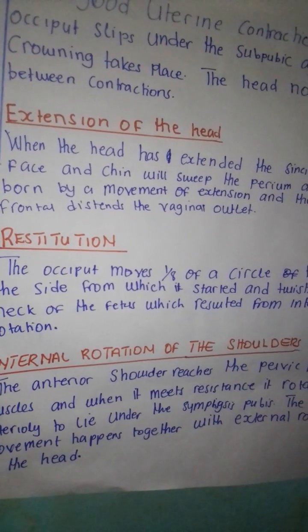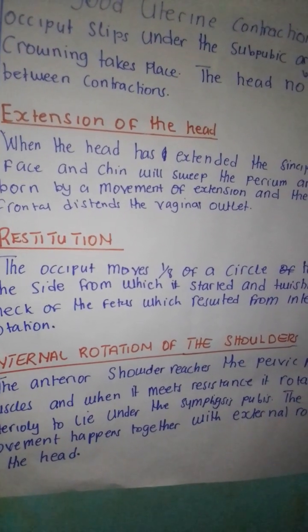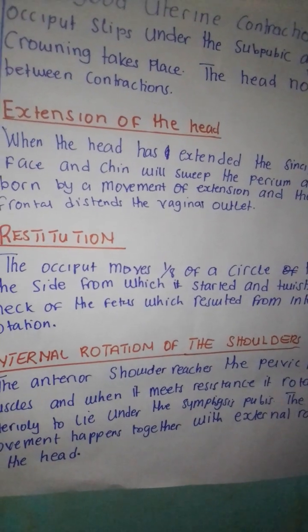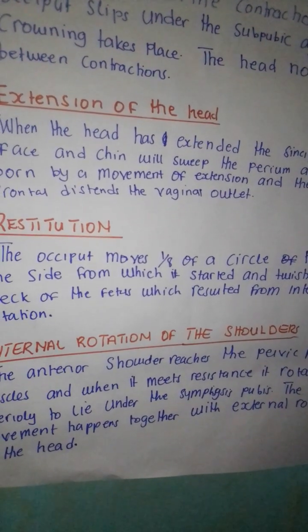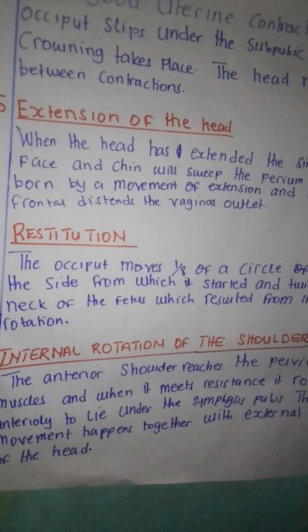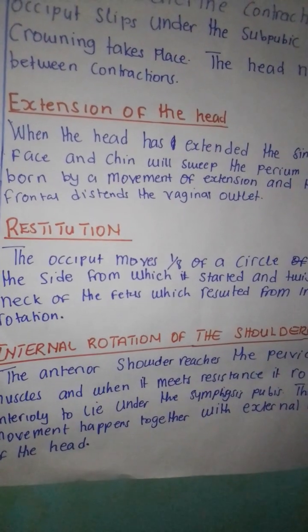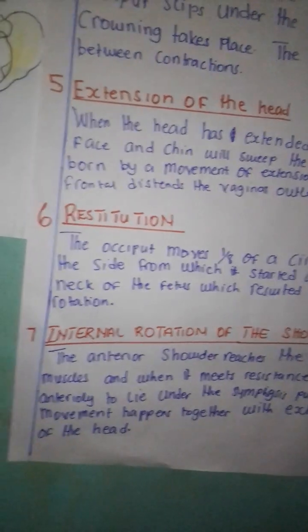Remember, during internal rotation there was a twist of 1/8 of a circle, which is 45 degrees. Now in restitution, it reverses that twist that was made.